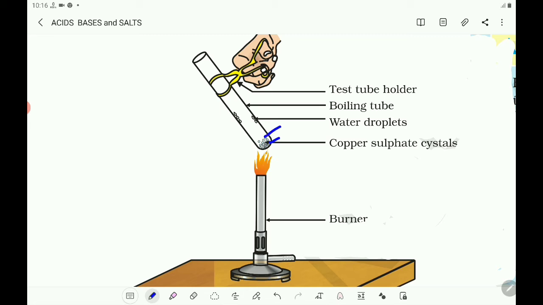If you moisten the crystals again with water, you will find that the blue color reappears. Water of crystallization is the fixed number of water molecules present in one formula unit of a salt. 5 water molecules are present in one formula unit of copper sulphate. So you can write CuSO4 5H2O.